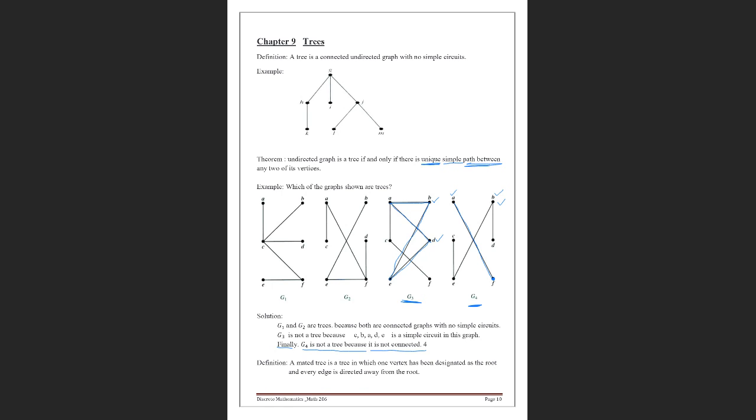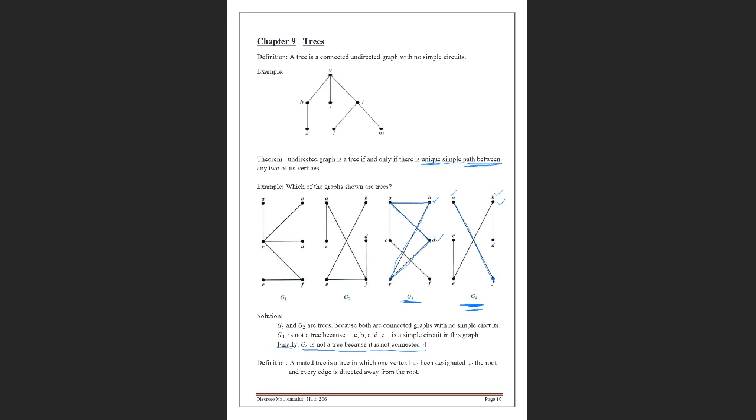From A to B, there is no path between A and B. There must be a connection, there must be one path between A and B, only one line, one way. If you want to go from any vertex to any vertex, there must be one way. Then that is a tree. Just one. So this G4, just one, yes. So G4 is not a tree.